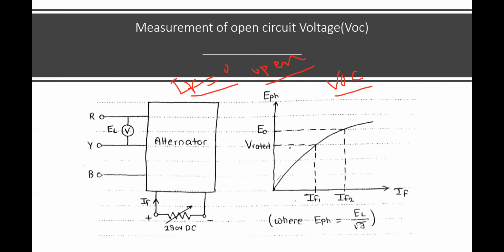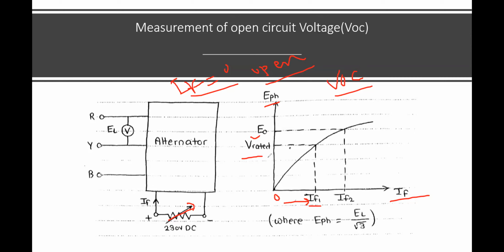I slowly increase the field excitation by using this rheostat. When I increase the field excitation, just carefully observe this graph. This graph is between field current and phase voltage. I increase the field current in such a way that I get the rated voltage. At IF1, I get the rated voltage.